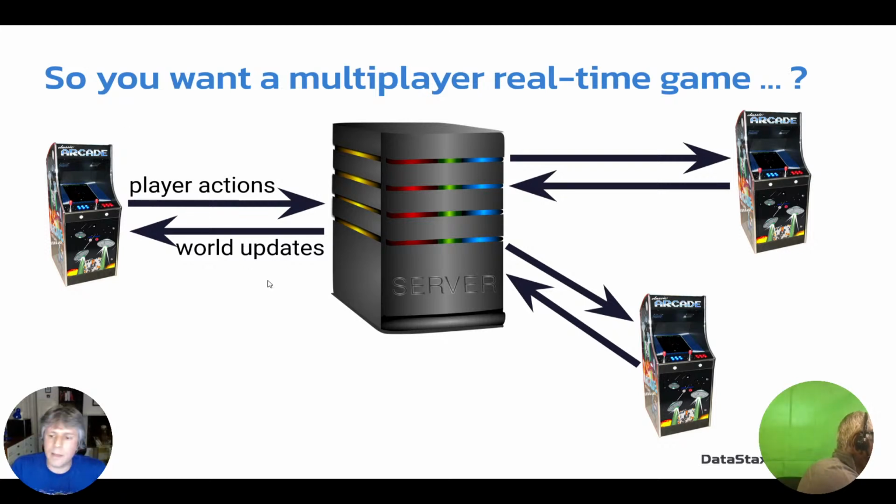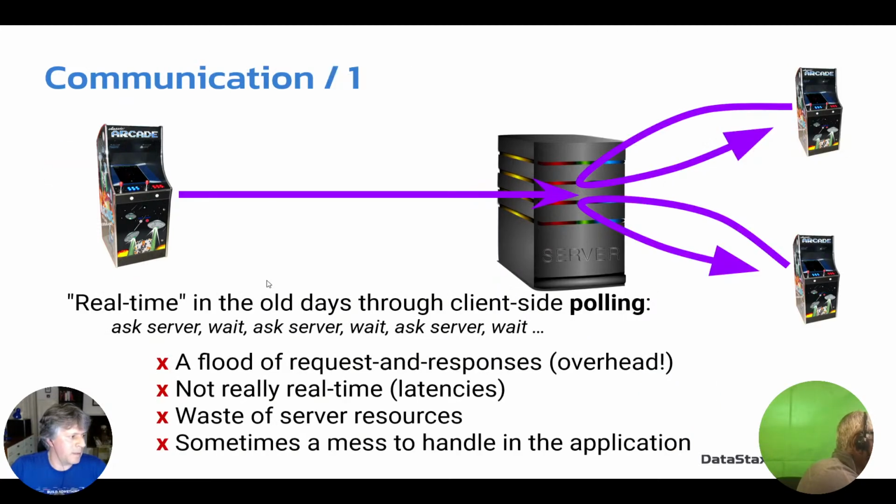But let's have a closer look at what happens, because clients and server have to communicate. Now, let's say the player on the left is doing something like, I don't know, jumping in the game. Probably this information has to go from the client to the server, this big straight purple arrow to the right.